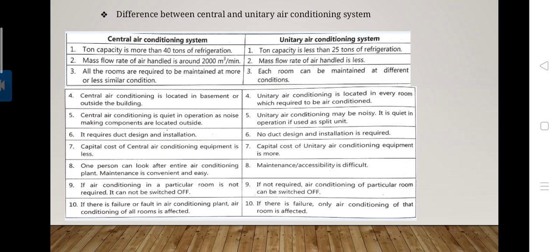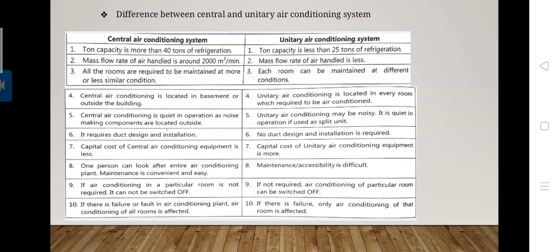The capital cost of central air conditioning equipment is less, and the capital cost of unitary air conditioning is more. Also, one person can look after the entire air conditioning plant, and maintenance is convenient and easy, but maintenance and accessibility are difficult for unitary air conditioning systems.